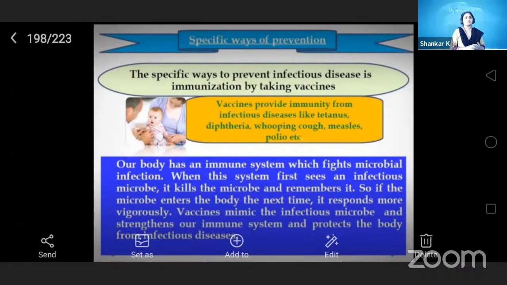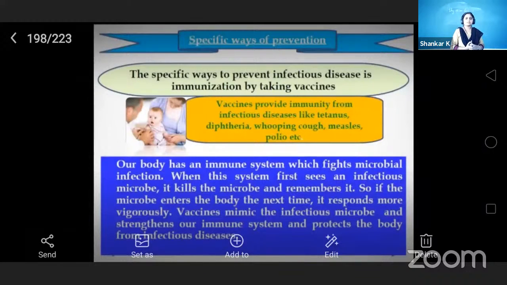Vaccines provide immunity from infectious diseases like tetanus, diphtheria, whooping cough, measles, and polio. For these diseases, doctors give immunization. You already know that.